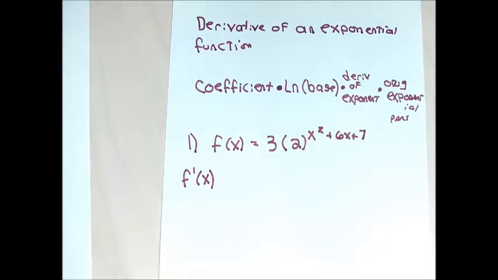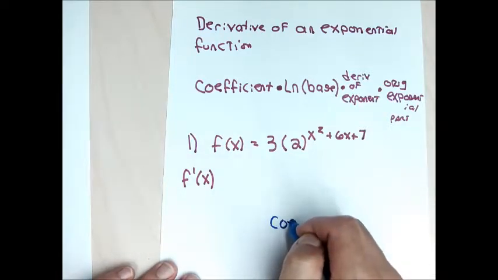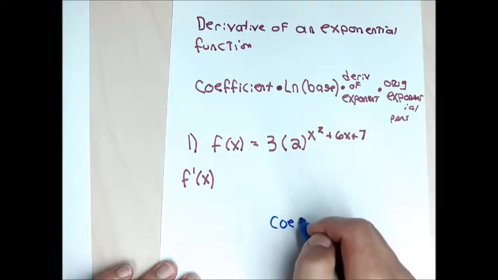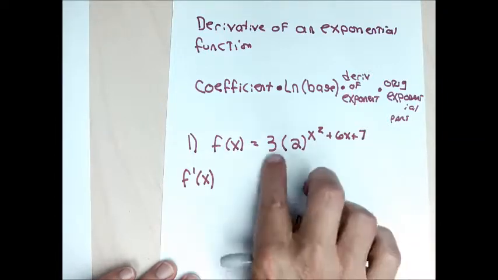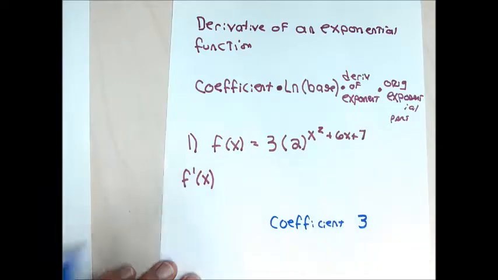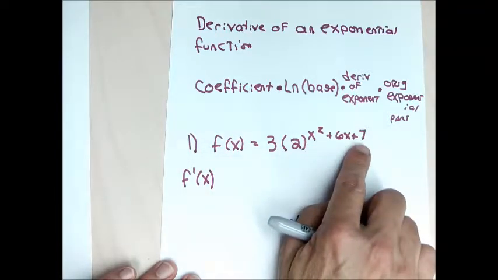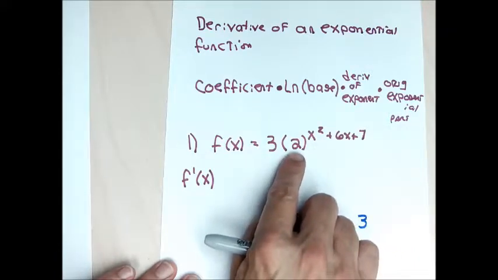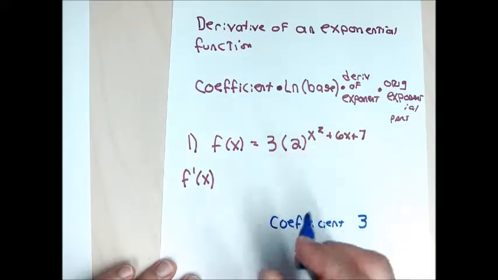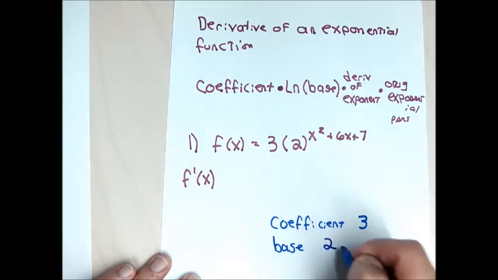The coefficient is the number in front of the exponential piece, but the exponent doesn't apply to it. So in this problem, the coefficient is 3. The exponent of x squared plus 6x plus 7 only applies to the 2. The number that the exponent applies to is called the base. So in this case, the base is 2.